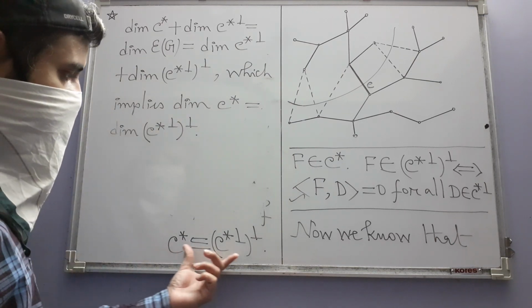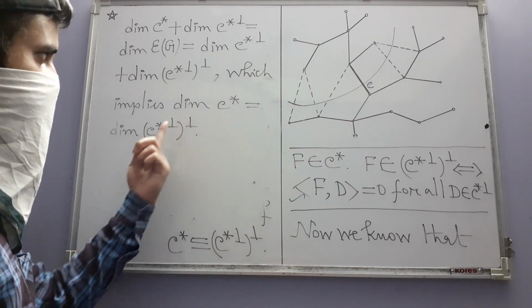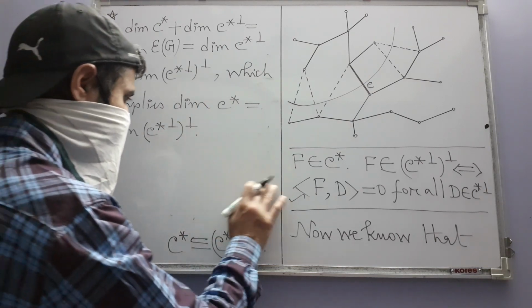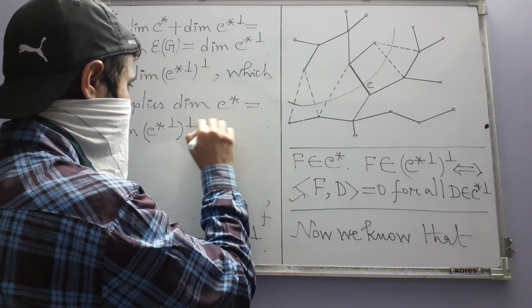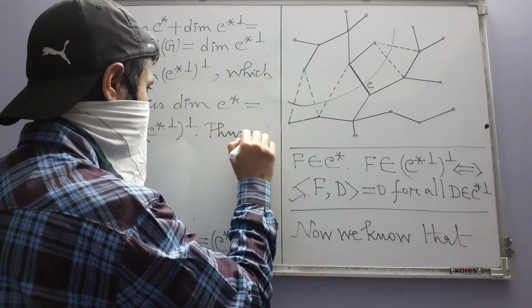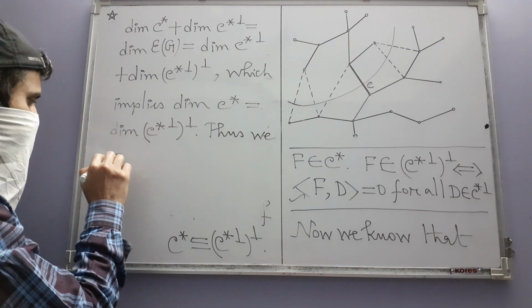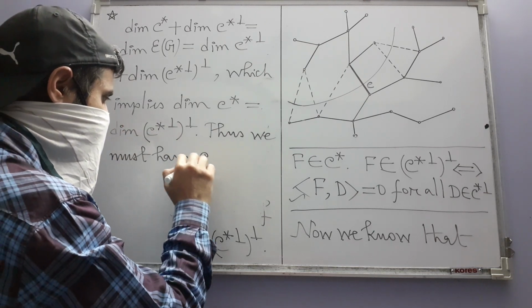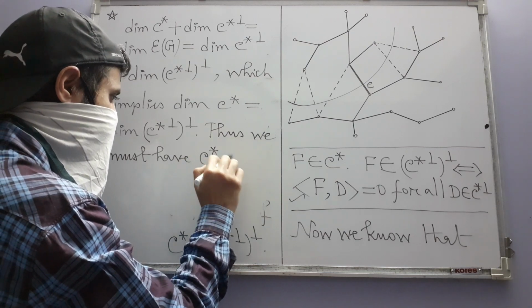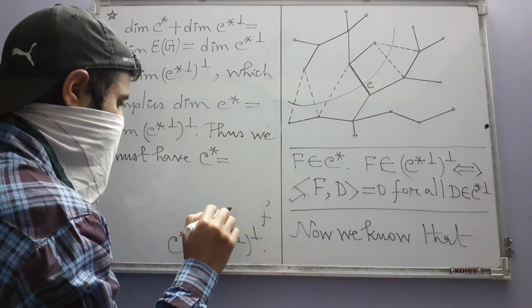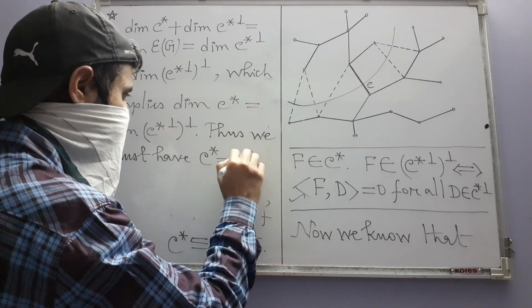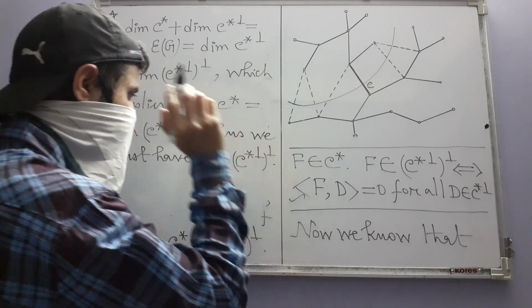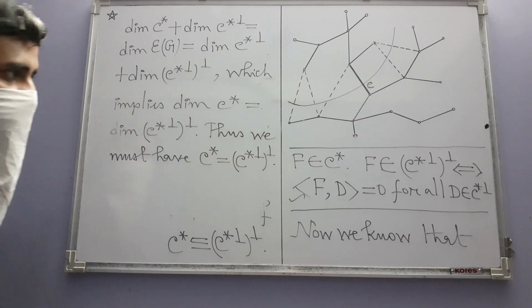So C star is a subspace of this and they have the same dimension, so they must be identical from vector space theory. Thus, we must have this.